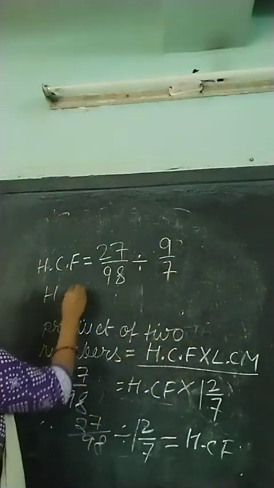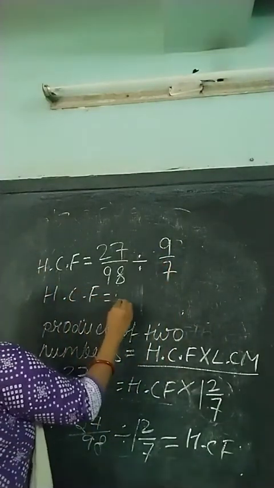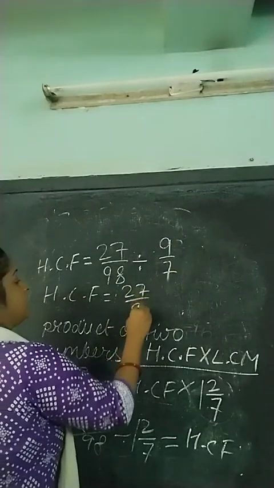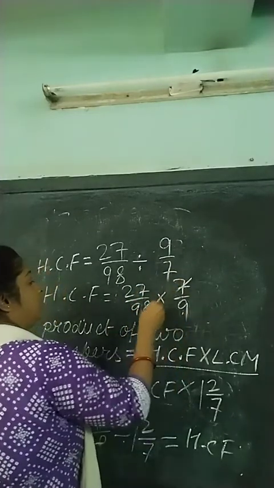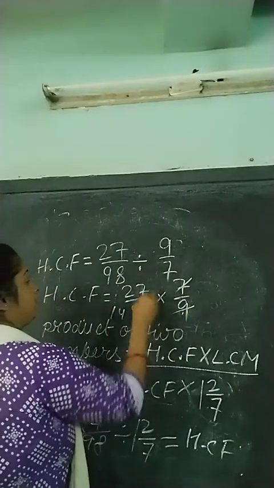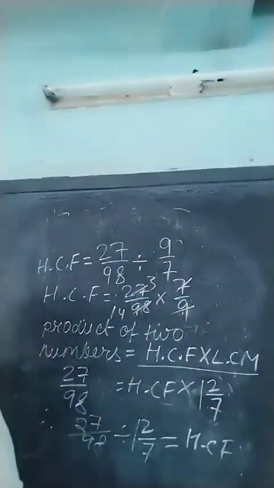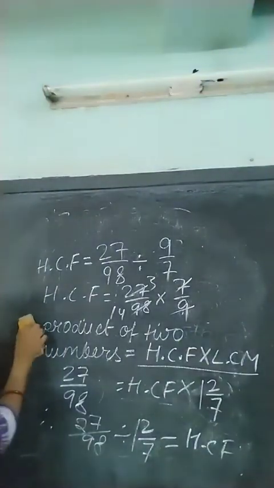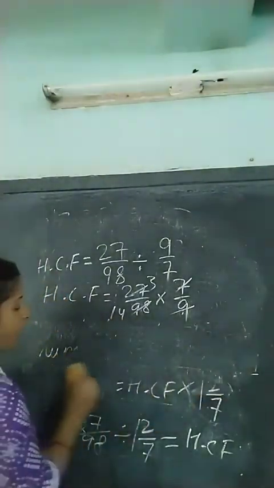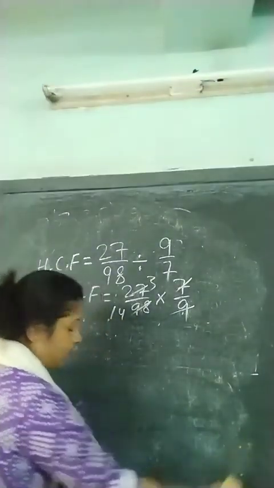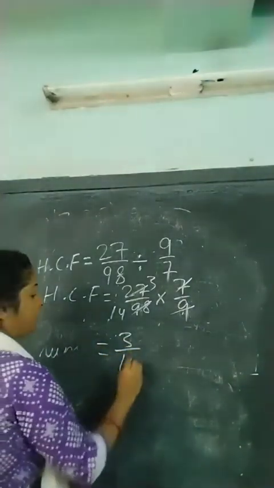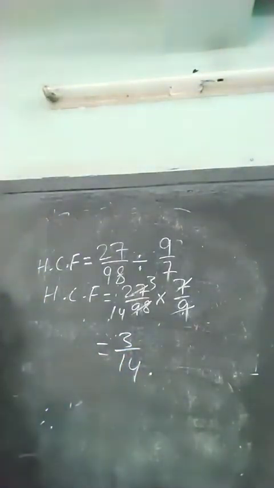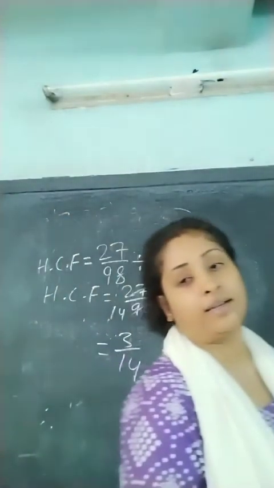So HCF is equal to 27 by 98 into 7 by 9. So the required HCF we are getting as another fraction, and that is 3 by 14. 3 by 14 is the HCF. In this way we will solve the sum to get the required number.